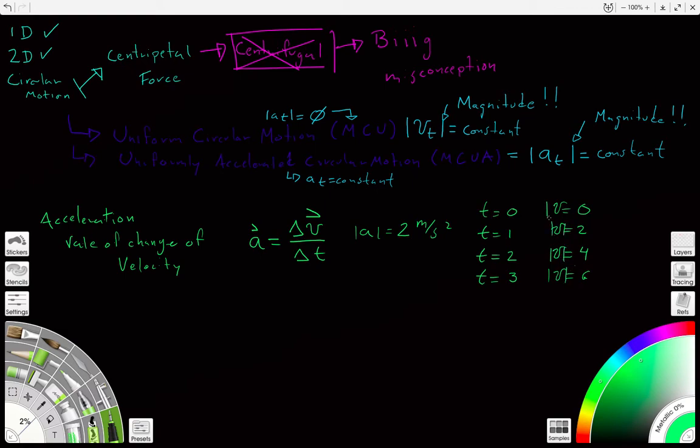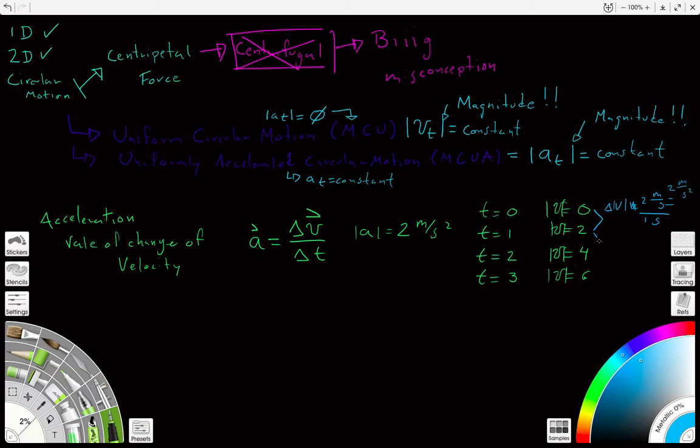So from 0 to 2, my increment in velocity was 2 meters per second. So I changed my velocity from 0 to 2 meters per second in 1 second. Therefore, this gives me an acceleration of 2 meters per second squared.